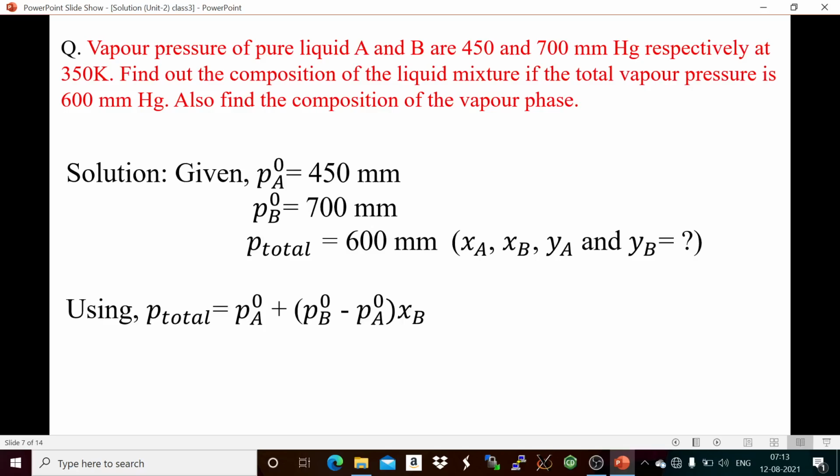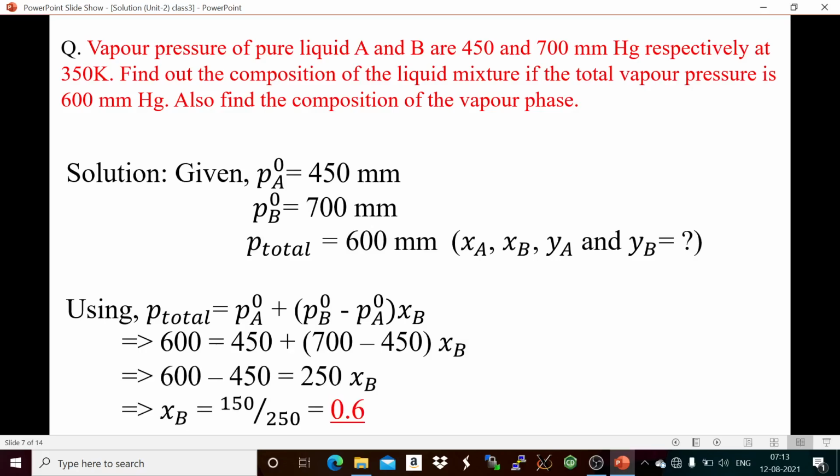Okay, now using the relation P total equals PA naught plus (PB naught minus PA naught) XB, put in the values. P total is 600, PA naught is 450, so PB naught 700 minus 450 times XB, so the value of XB is 0.6. So the mole fraction of B is 0.6.